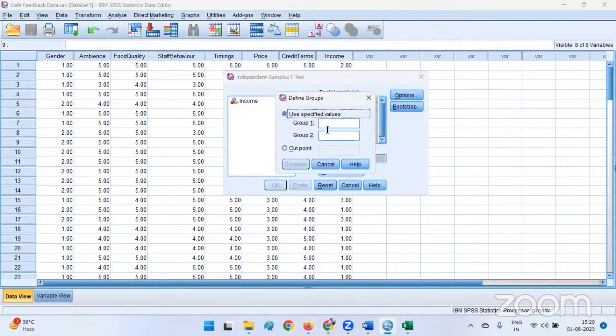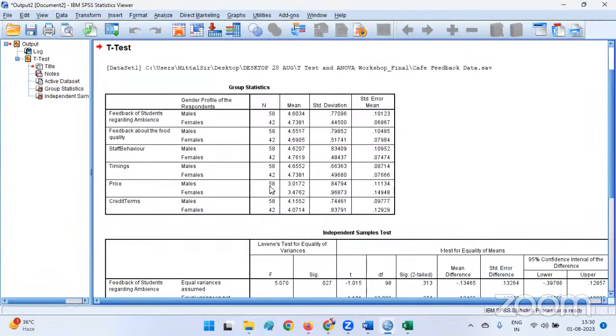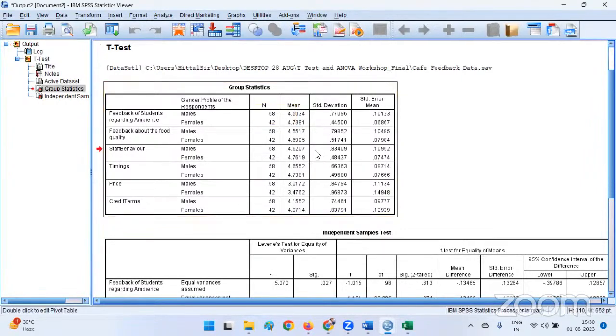Gender is grouped between 1 and 2. It will ask for the group values 1 and 2. Okay. So then we click OK. So this is the group statistics, which is mean basically, nothing else. Comparative mean of like males and females for all. Okay.